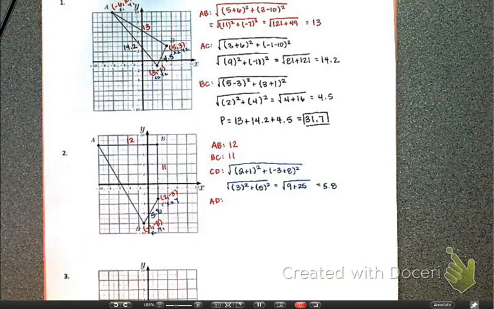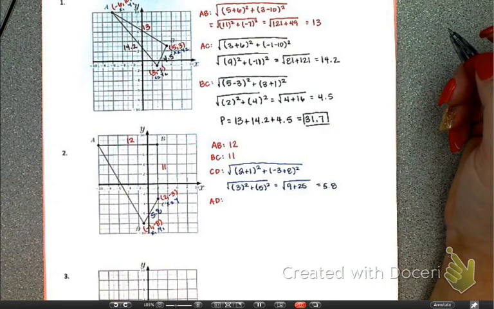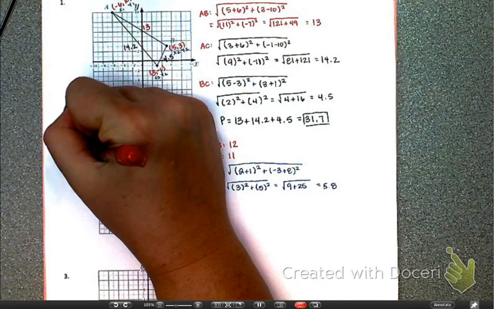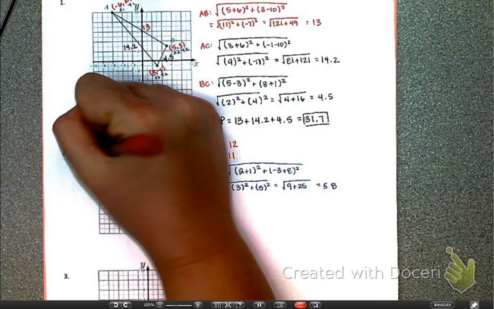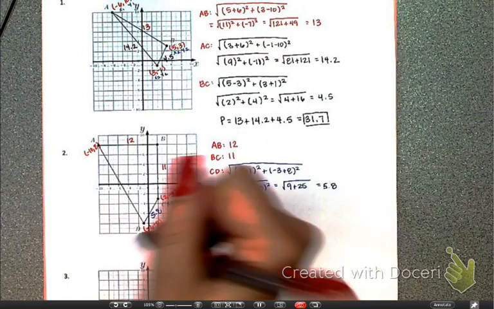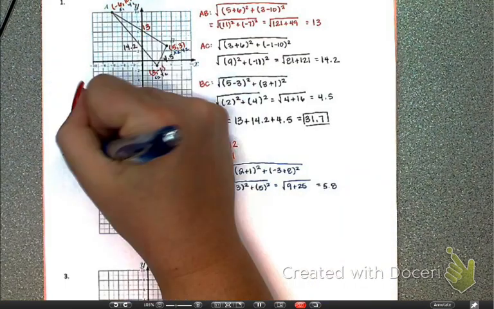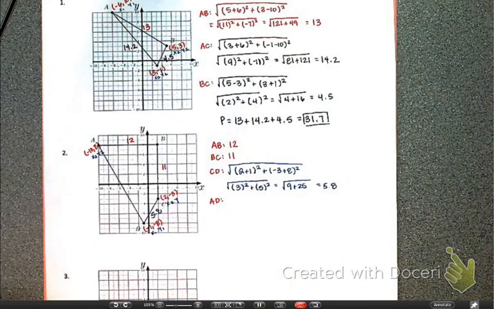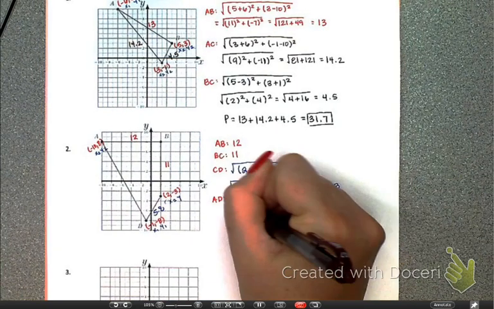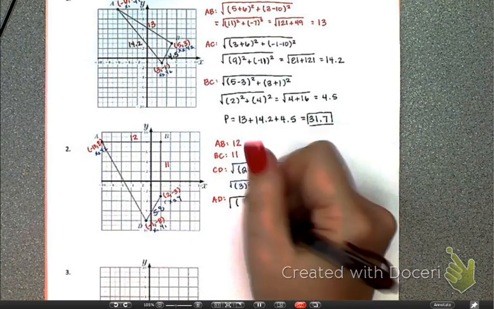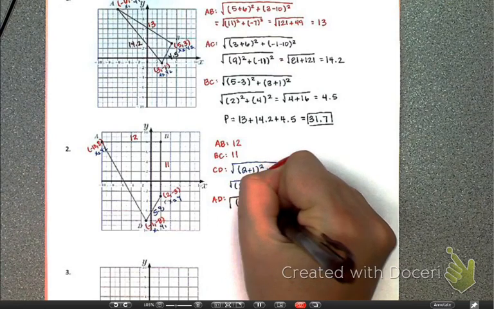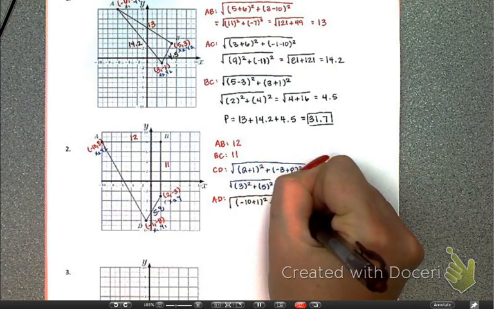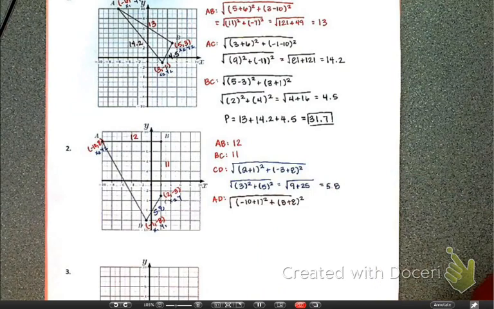Now I'm going to do the last one. What's my coordinate for A? Negative 10, 8. So I get the square root of negative 10 plus 1 squared, and then 8 plus 8 squared. This probably is going to be my longest distance, just based off looking on the picture, right?